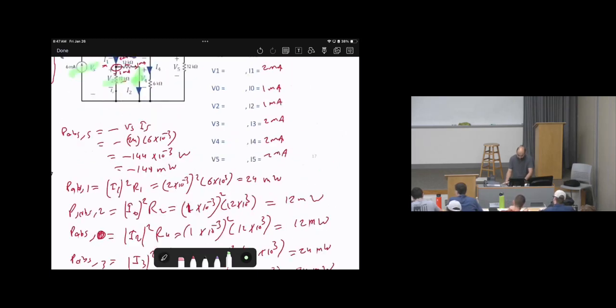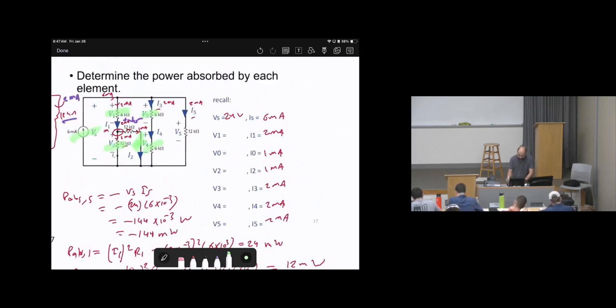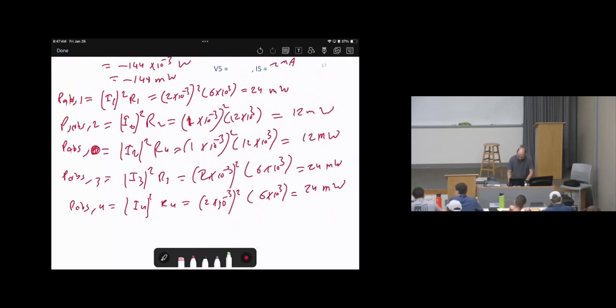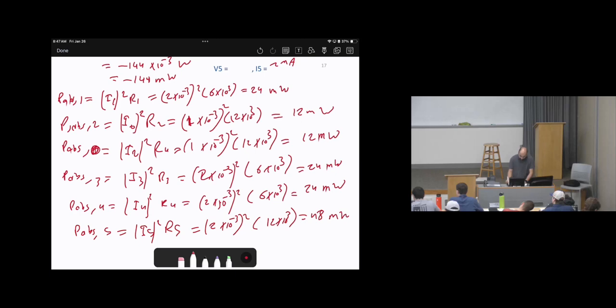Okay, let's go back here. We're done with 4, then the last one, which is 5, I5 squared times R5. P absorbed by element 5 will be I5 squared times R5, which is 2 times 10 power negative 3, squared, times 12 times 10 power 3, so the answer will be 48 milliwatts.